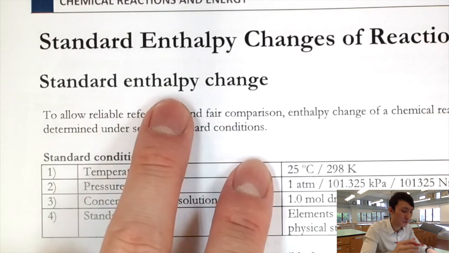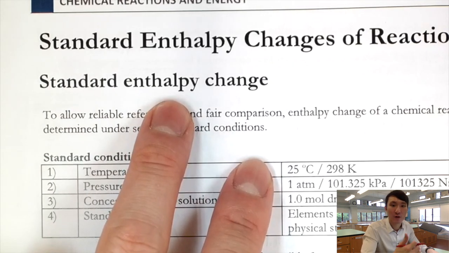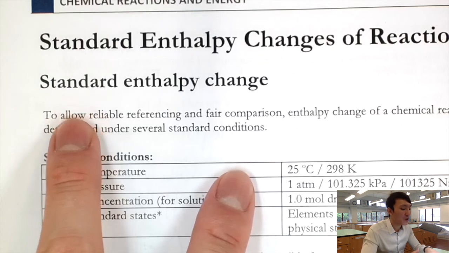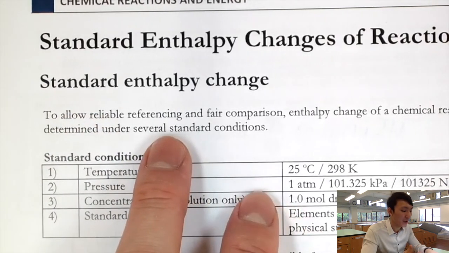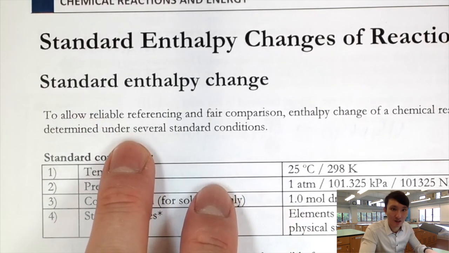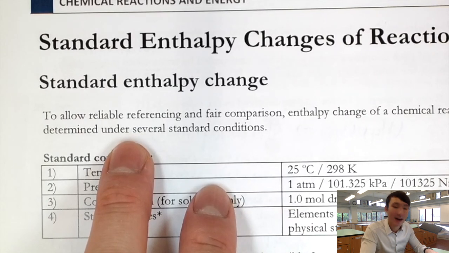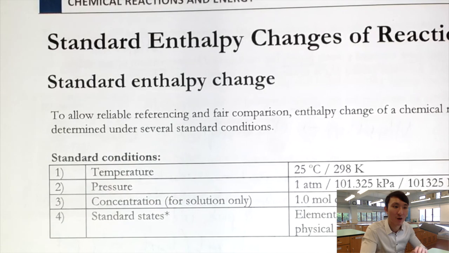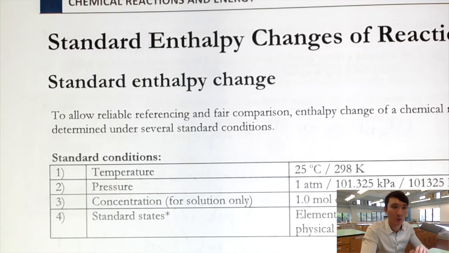That means this particular energy change is found under certain standard conditions. So we want to emphasize the standard conditions that we must comply with as we are finding the enthalpy change, so that our data, our result, is relevant and reliable.